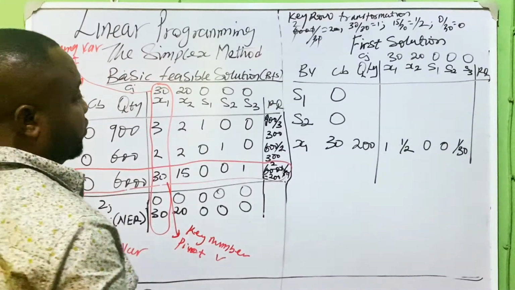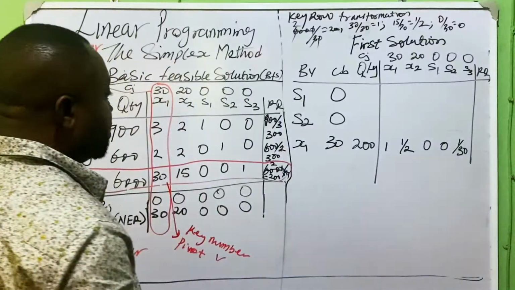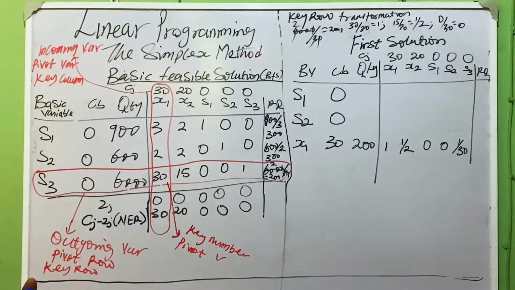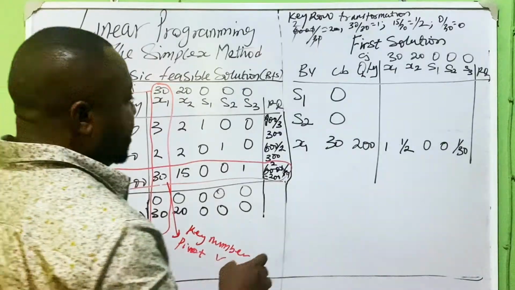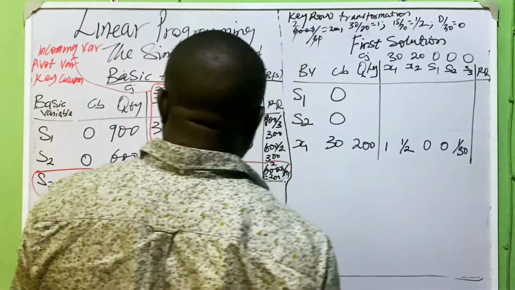So we have been able to transform all the entries in the key row. So the next will be to transform our non-key rows, and we'll have a separate formula, a very interesting formula that we use to transform the non-key rows.